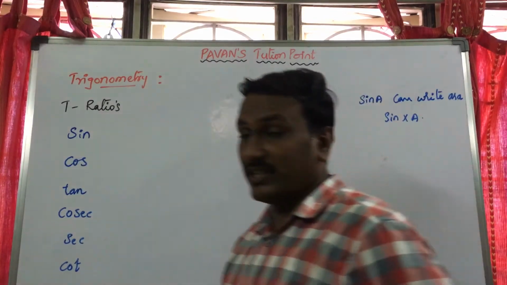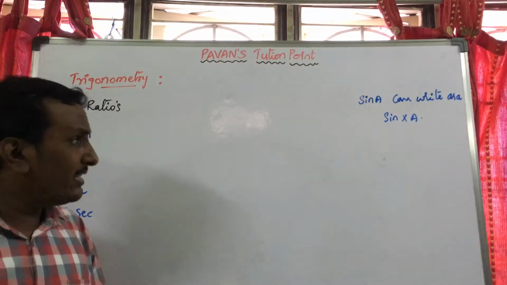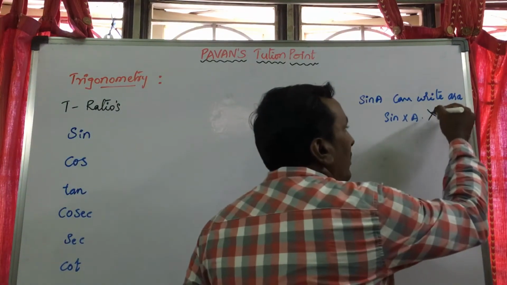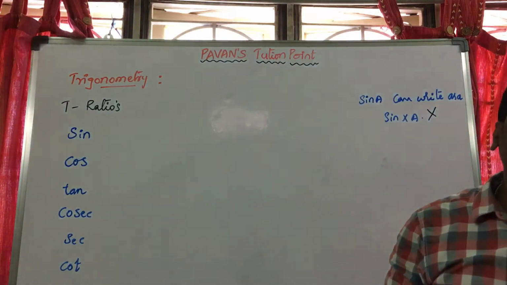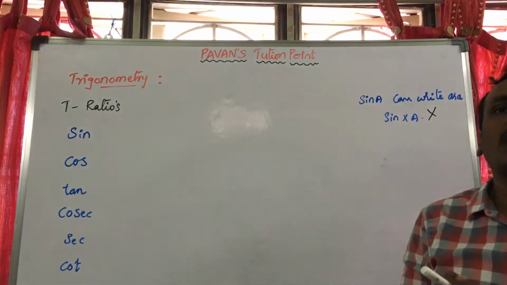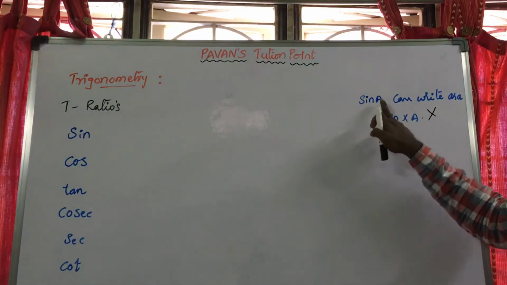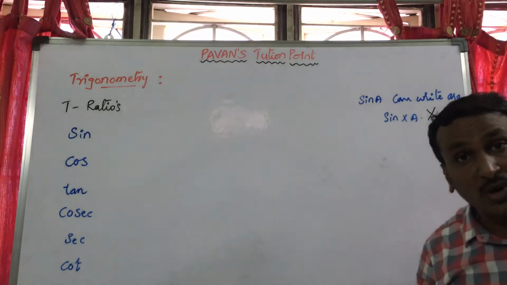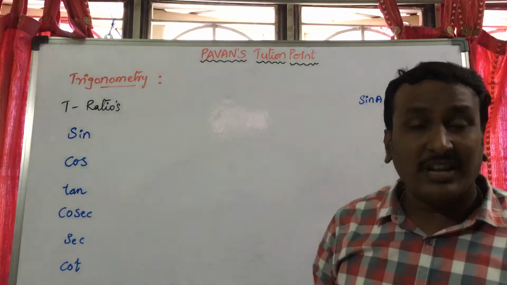We have this question in the try this also. Is it right? No, it is not the right answer. Why? Because sine or any other trigonometric ratio we are taking for an angle, so those are not multiplications. That's why sine A is nothing but the sine ratio of an angle A.